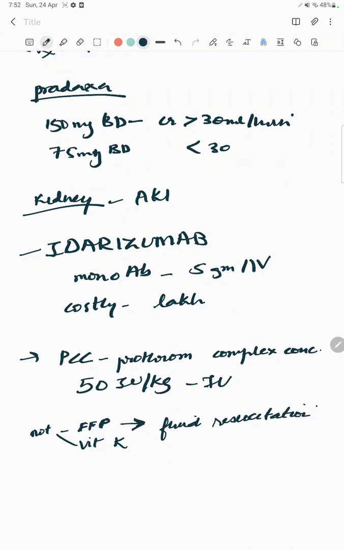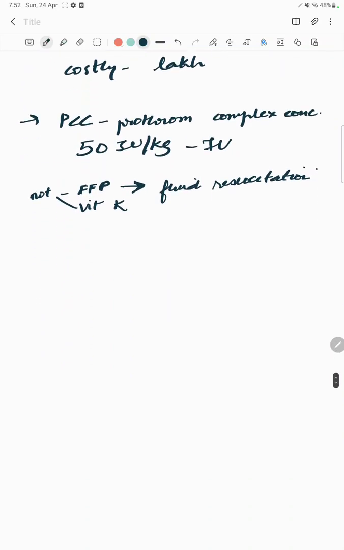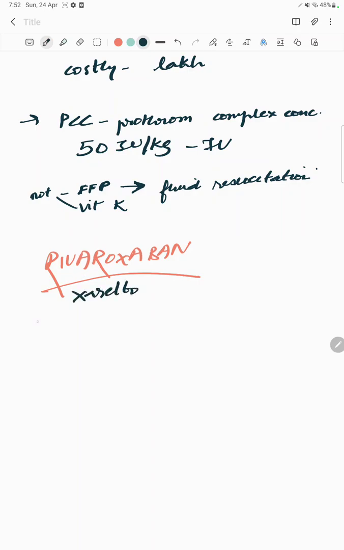The other drug we will be dealing with here is Rivaroxaban, also known as Xarelto. The indications are the same here also, like hip or knee surgery, where you want to give thromboprophylaxis or DVT prophylaxis.